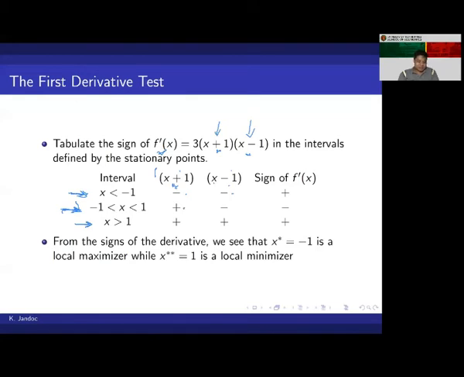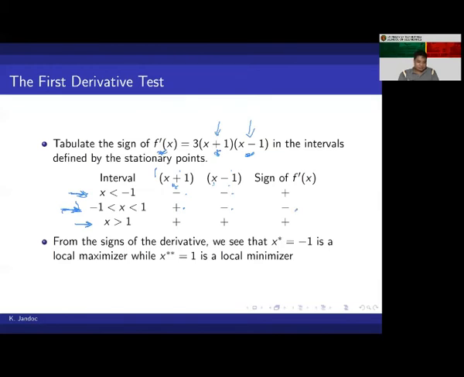And for x minus 1, with x between negative 1 and 1, let's take 0.99. 0.99 minus 1 is negative 0.01, so it's negative. Therefore, when x plus 1 is positive and x minus 1 is negative, the sign of f prime x in this interval is negative.